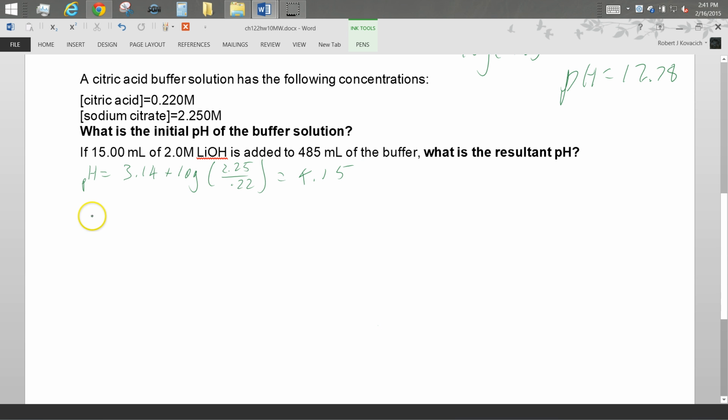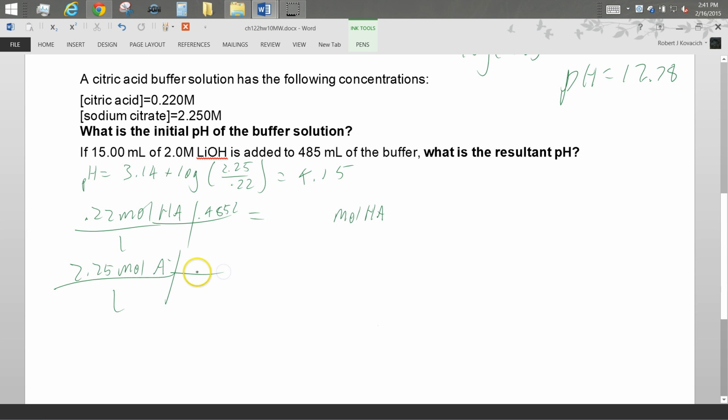So how many citric acid molecules I have, I'll go 0.22 moles per liter of HA, and I'll multiply that by 0.485 liters, and that'll be moles of the weak acid. And then I've got 2.25 moles per liter of the anion, and I have the same volume of that. And I'll just do the math down here again so we've got them all. I've got 2.0 moles of OH per liter that I'm going to add to this, and I had 0.015 liters of OH.